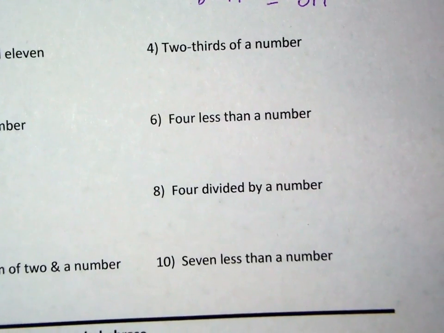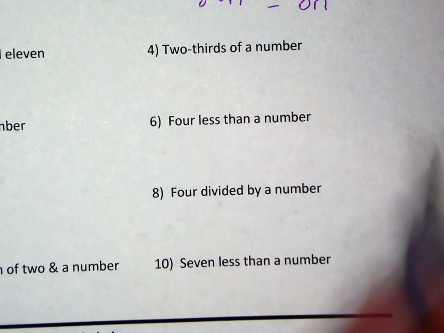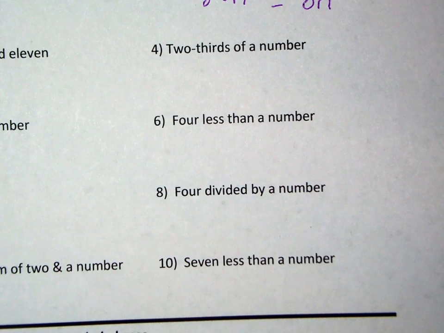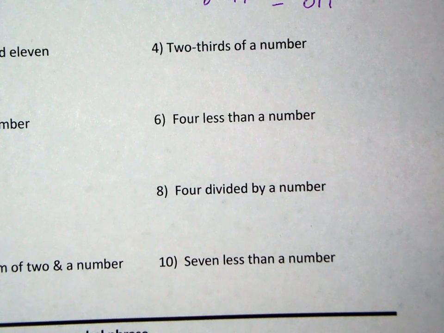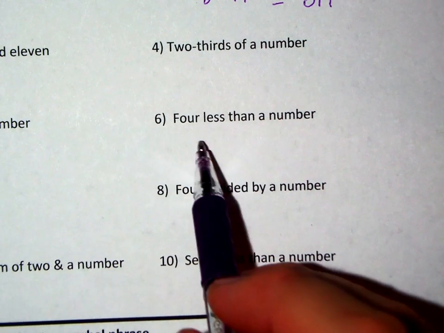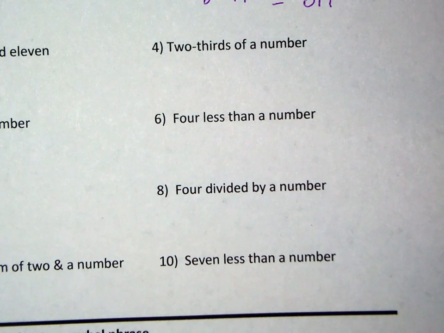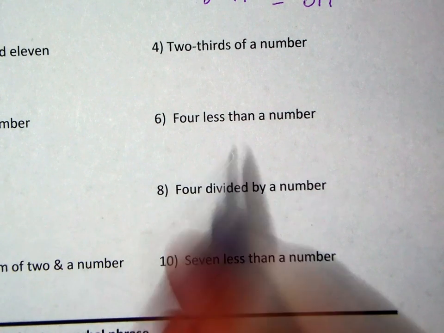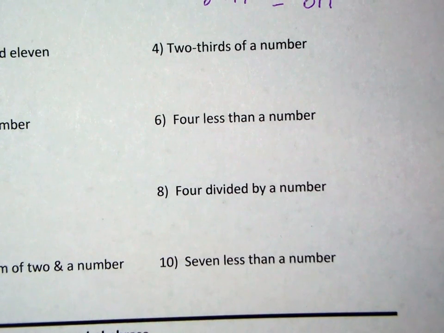Let's look at another one, number 6. 4 less than a number. This one seems to be one that kind of stirs people up because they say 4 less than a number, and automatically they're going to say 4 minus x. But that's not quite what this expression is saying.